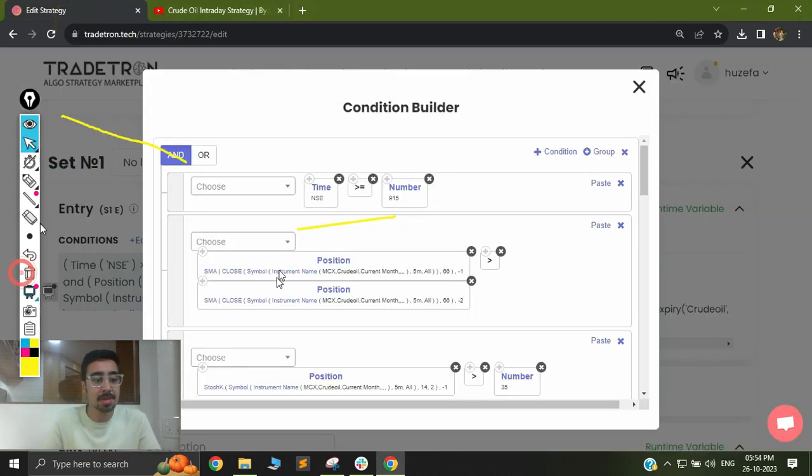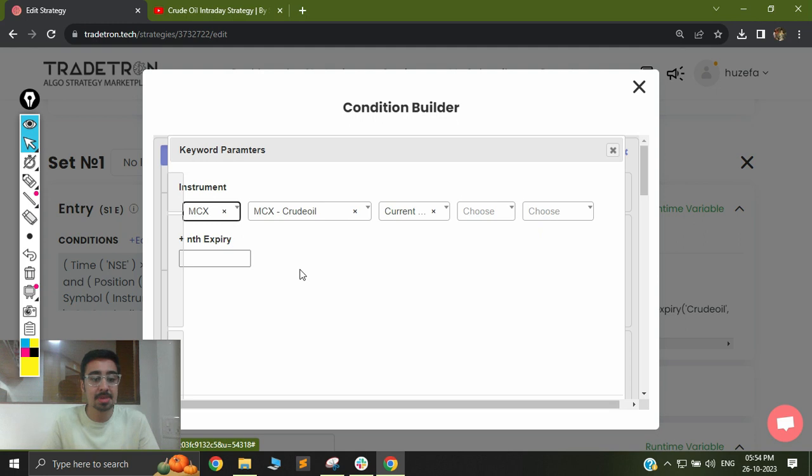Our position SMA is giving us the 66 period SMA of the 5-minute candle on crude monthly futures. It is very important to note that in our instrument name keyword, I am using my instrument as MCX crude oil, and I'm selecting current month expiry.